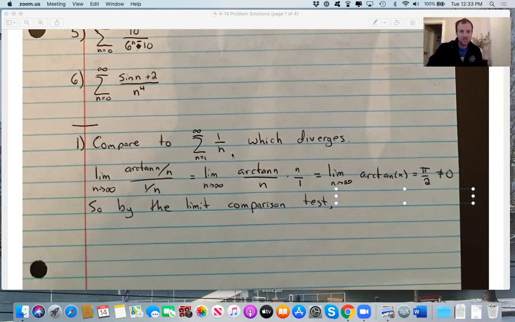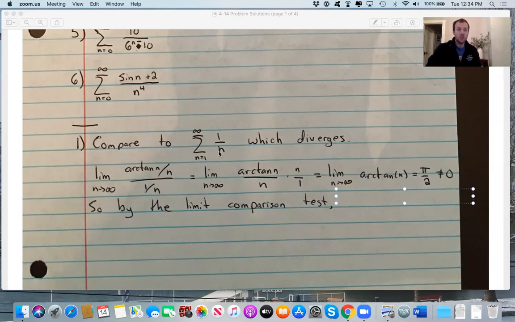The idea is, in this series, arctangent is close to pi over 2. So this has a top close to pi over 2, this has a top of 1, and they're both dividing by n, so they're kind of off by this factor. So what we get to conclude is this limit says they're a good comparison.